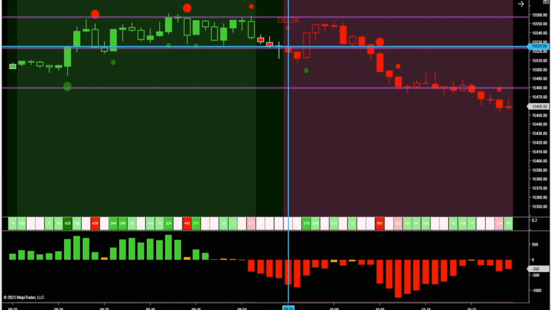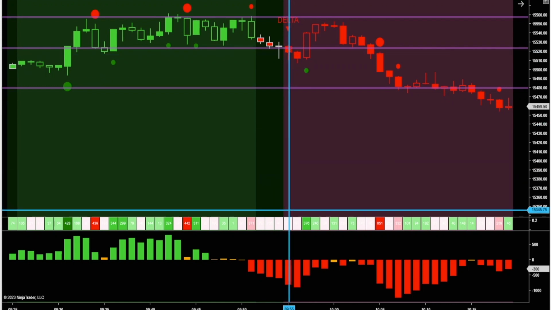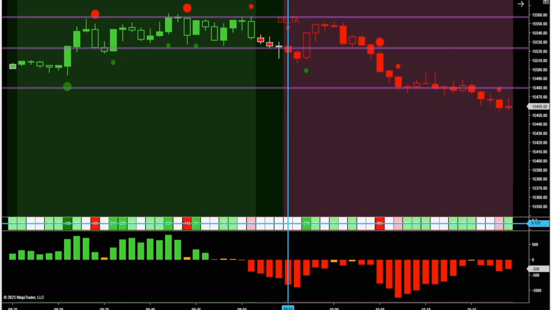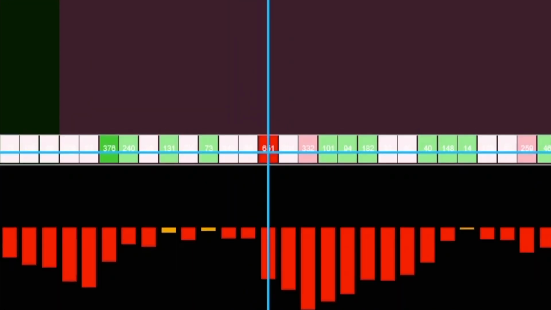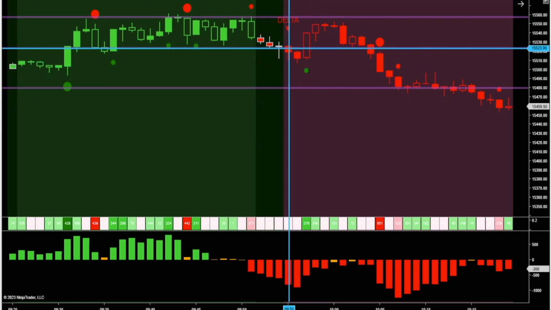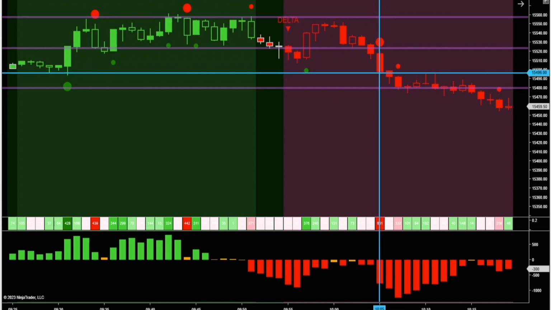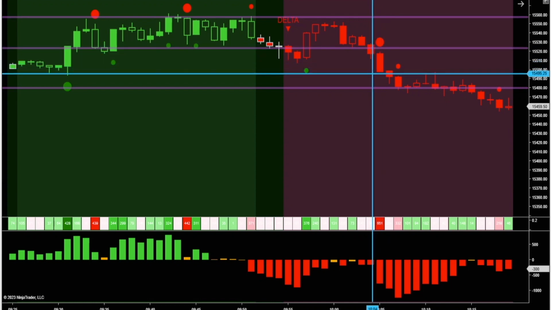And when it breaks this point of control line to the downside, I really want to see some strong delta coming in on that bar, like this bar. I want to see a lot of strong delta coming in when it's breaking one of these point of control lines. In this next candle, we get an incredible amount of delta to the downside.